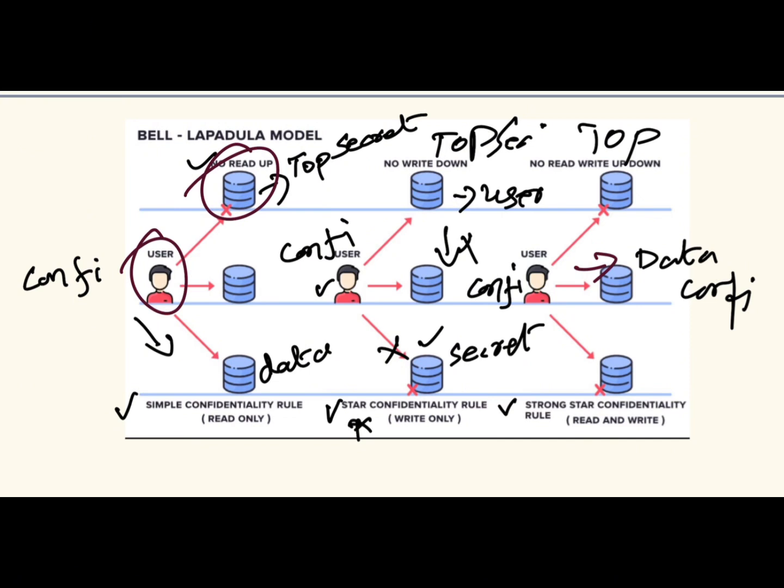Modern operating systems like SELinux and Windows Mandatory Integrity Controls implement the Bell-LaPadula model by restricting access based on security labels.